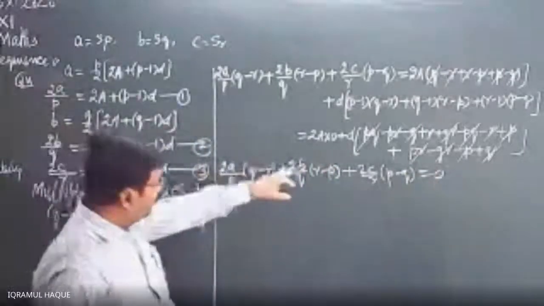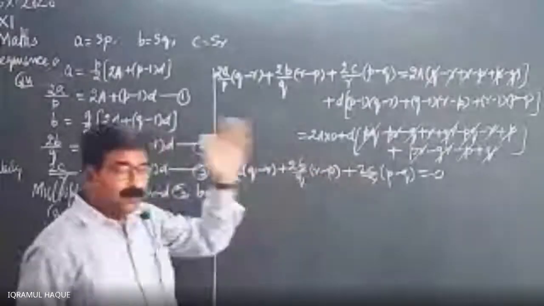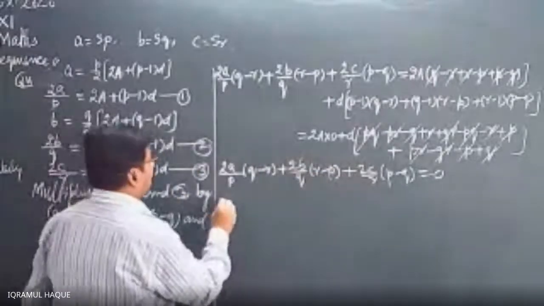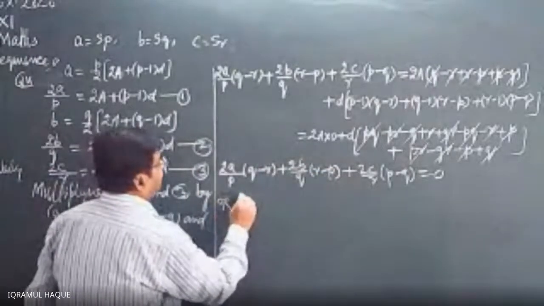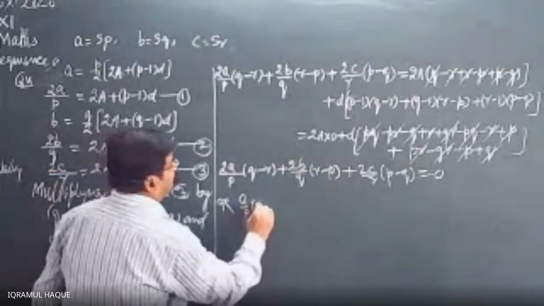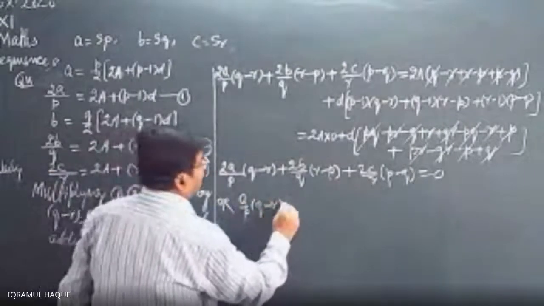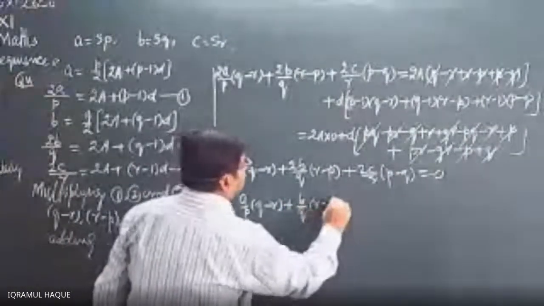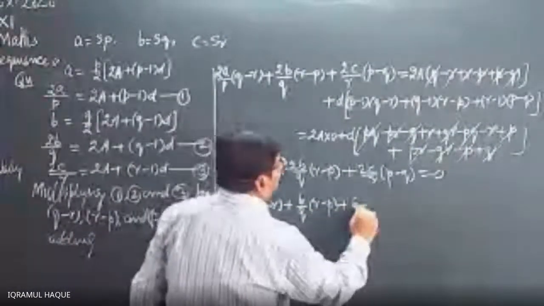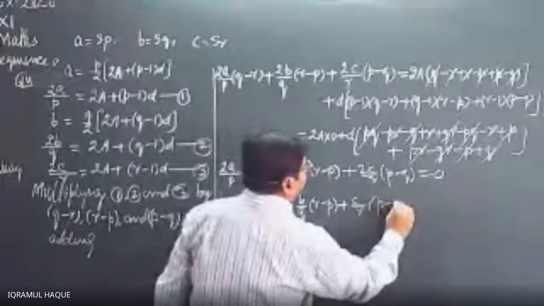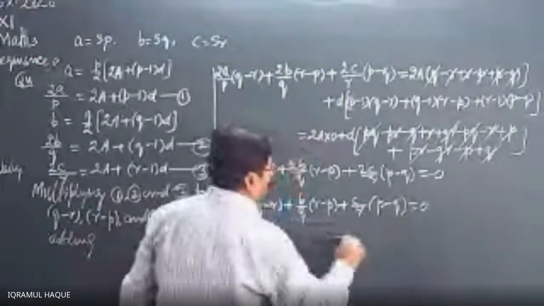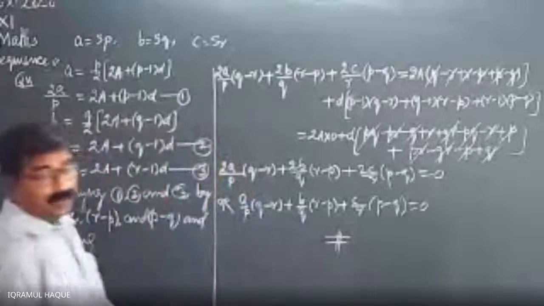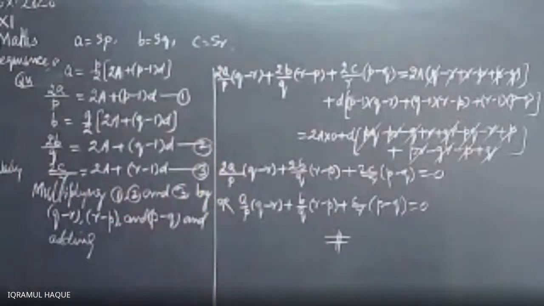In every term we have 2. Divide this by 2, so we have a upon p times of q minus r, plus b upon q times of r minus p, plus c upon r times of p minus q is equal to 0. This was to prove. Students, check the solution properly.